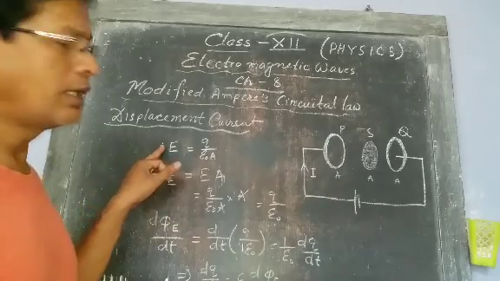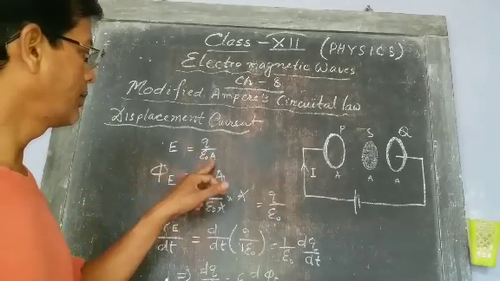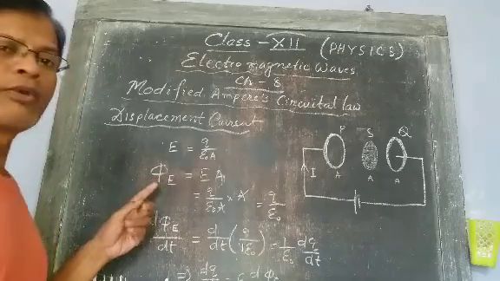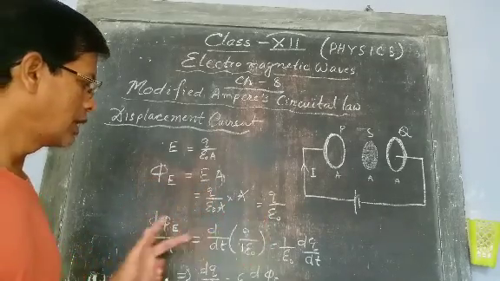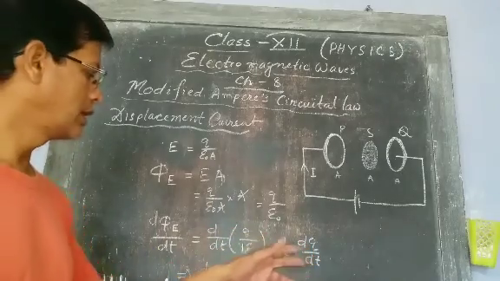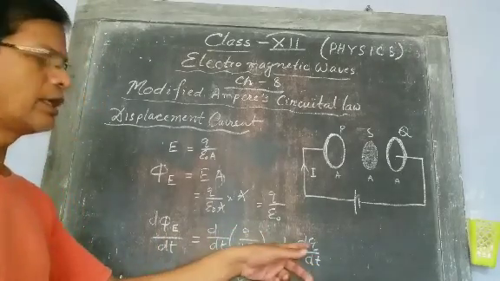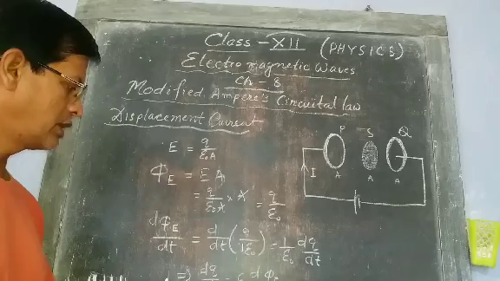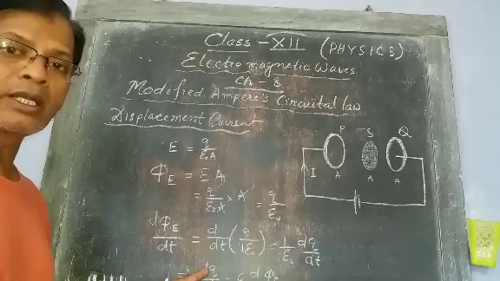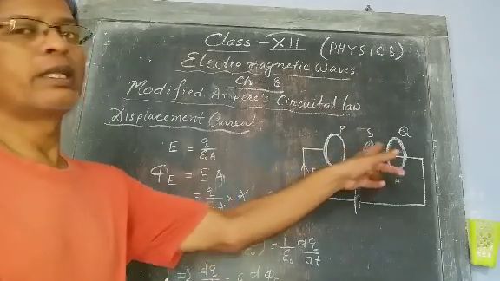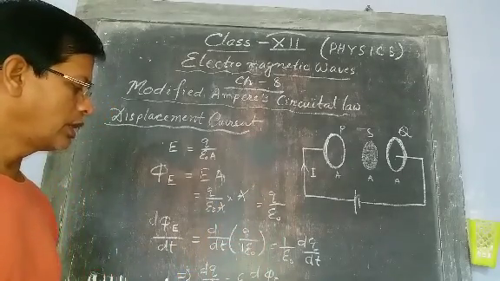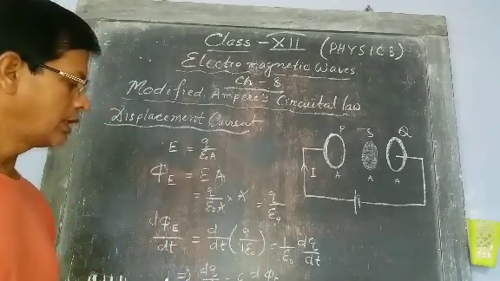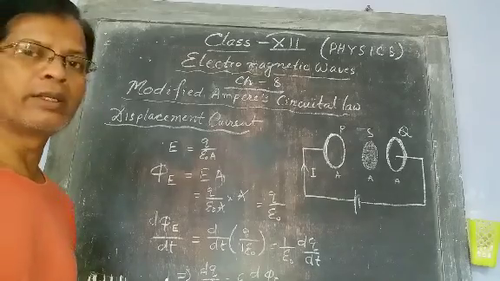The electric field E equal to Q by epsilon naught A. Now what is electric flux? E into A. So we have got this. Now differentiate both sides, and then dq by dt is this. What is dq by dt? This is the current, but here there is no conduction, so this is the displacement current. So ID equal to epsilon naught d phi E by dt.